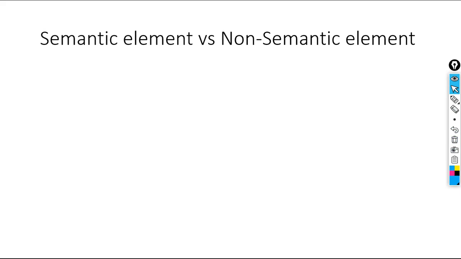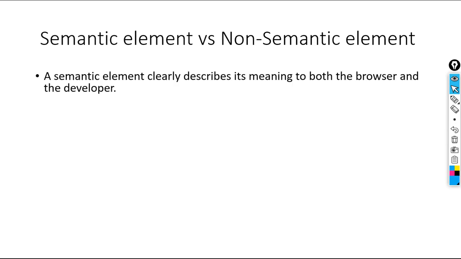Semantic element versus non-semantic element. What is it? Semantic and non-semantic, that we are going to learn. A semantic element clearly describes its meaning to both the browser and the developer. Let me repeat once again, this is a very important point. Semantic element clearly describes its meaning to both the browser and the developer.